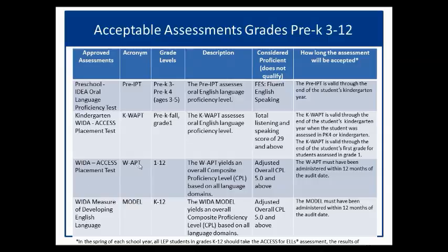Then there's the WAPT, which is administered to students in grades 1 through 12, and the model assessment, which can be administered to students in grades K through 12. The column that's second from the right shows what the proficiency cutoffs are, and then the window of time in which the assessment will be accepted is in the very last column.